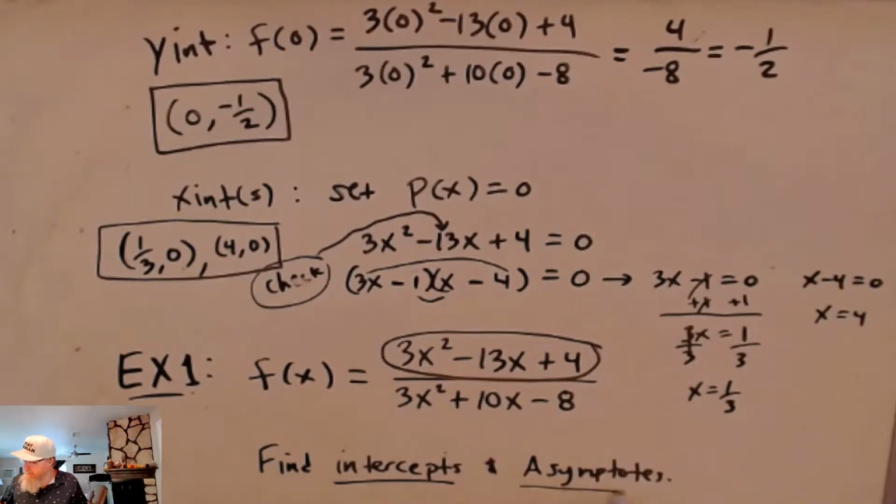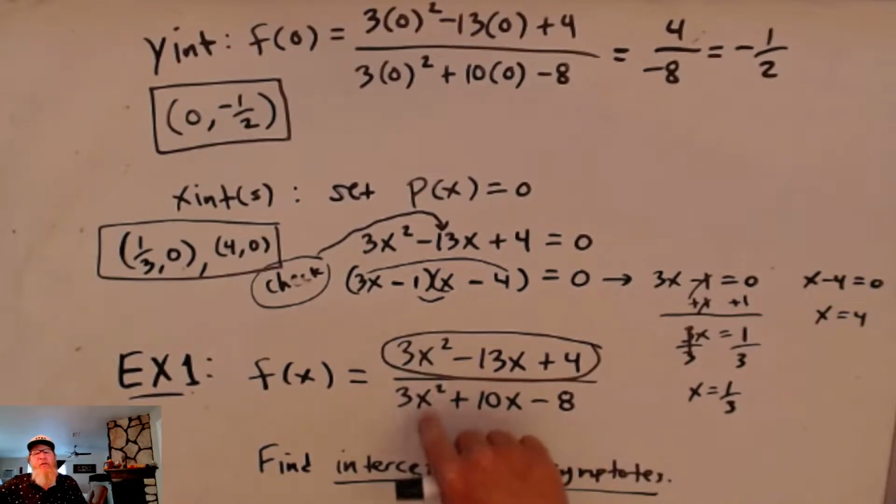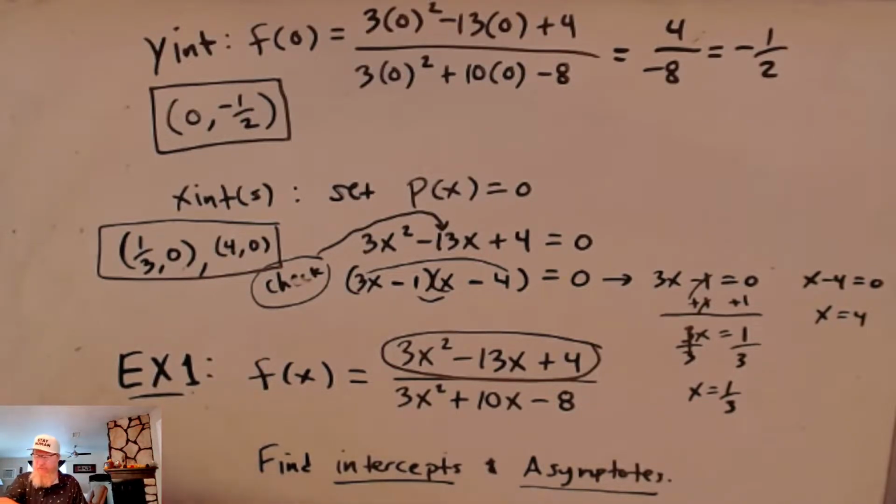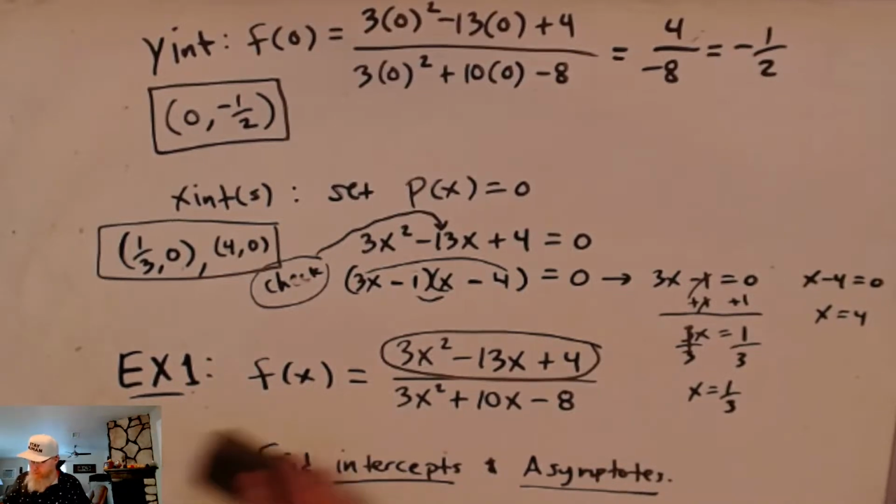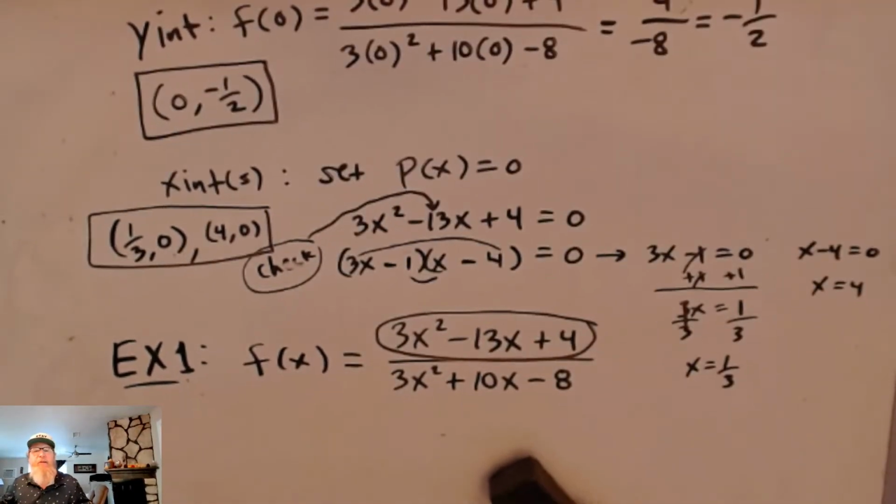Now let's go ahead and find the asymptotes. Now I'm going to do this one more time from the last video. The horizontal asymptote, we look for a tendency as x gets very large. I'm really pressed for space here, so let me just see if I can move up here a little bit.